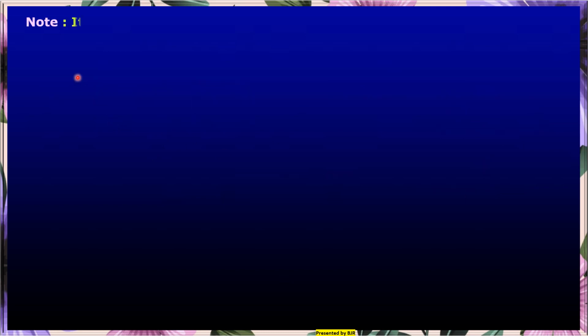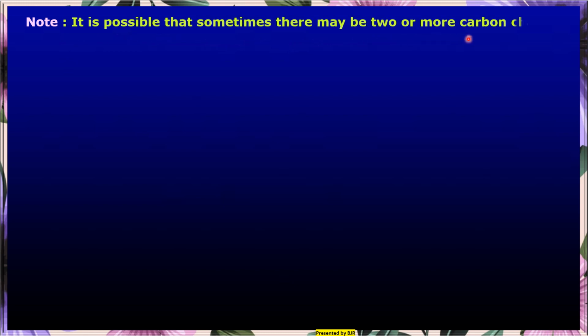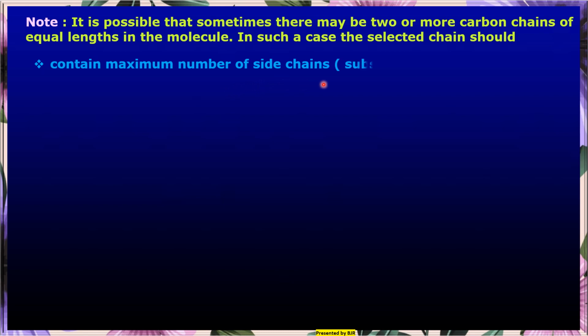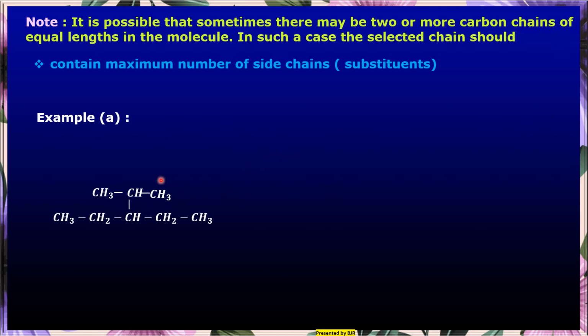Here is one note. It is possible that sometimes there may be 2 or more carbon chains of equal length in the molecule. In such a case, the selected chain should contain the maximum number of side chains, that is substituents. So here is an example for this. This is an alkane, and in this, 2 possible ways are there for selection of parent chain.